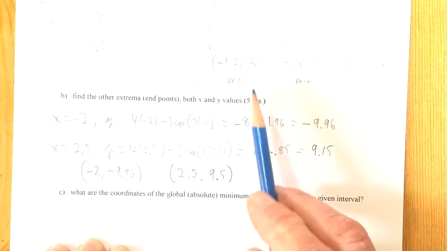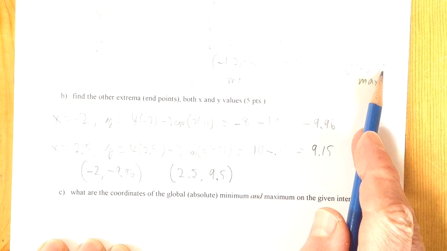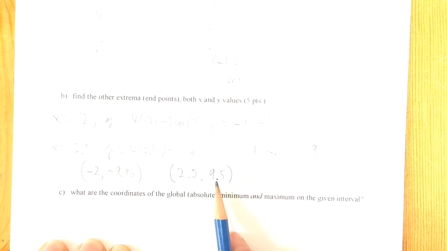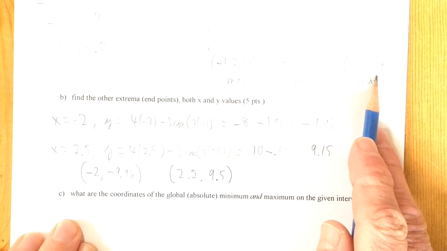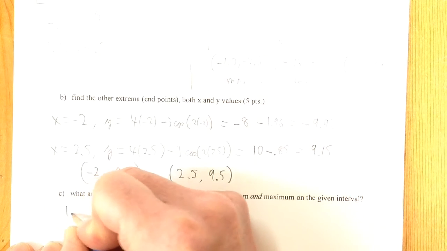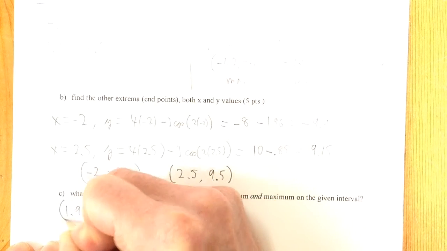Okay, so what are the global ones? What are the biggest positives and biggest negatives? Let's look at the biggest y value: -2.6, -7, 9.98, that's pretty big. This one's big too, 9.15, the 9.98 wins. So this one up here is a global max. So 1.935, 9.98 is the biggest it's going to be.